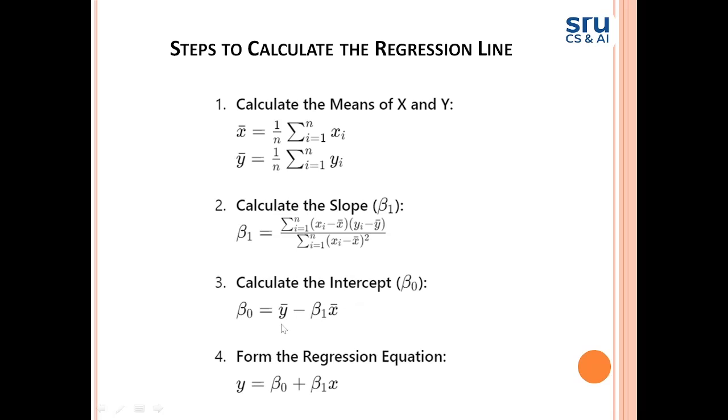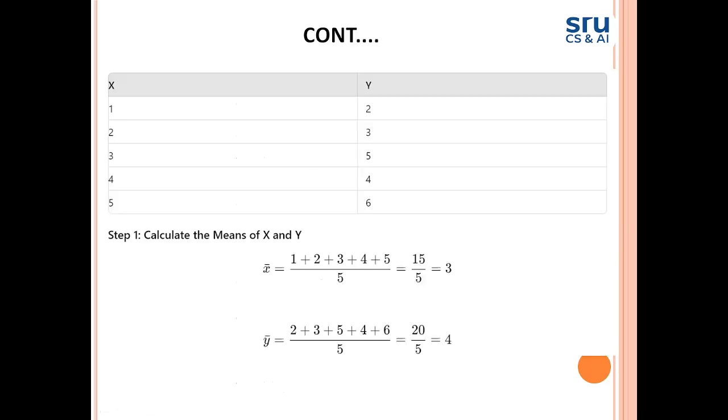That will be equal to y bar minus beta 1 into x bar. Beta 1 we have calculated and x bar we know, so we put all these values in order to get the intercept beta naught. Then we form the regression equation. Here y is equal to beta naught plus beta 1 into x.